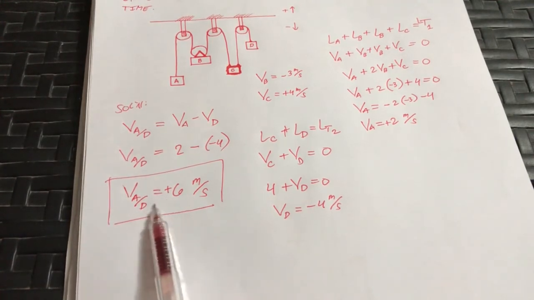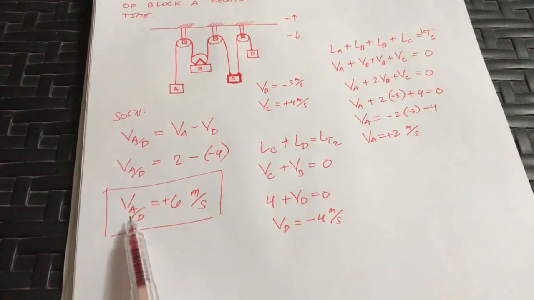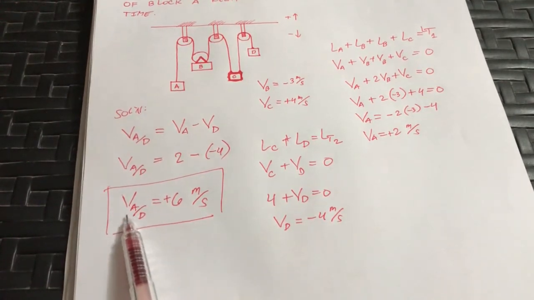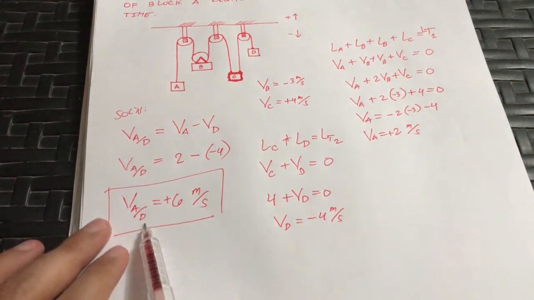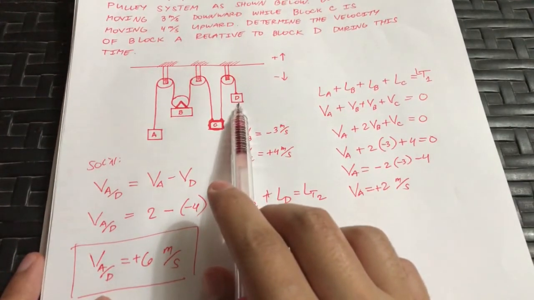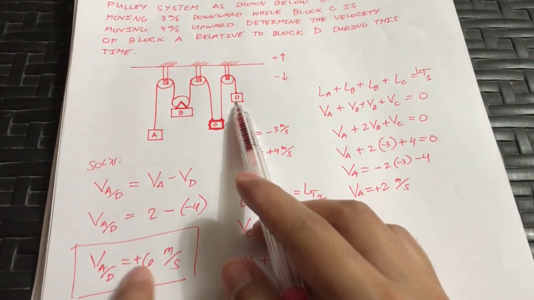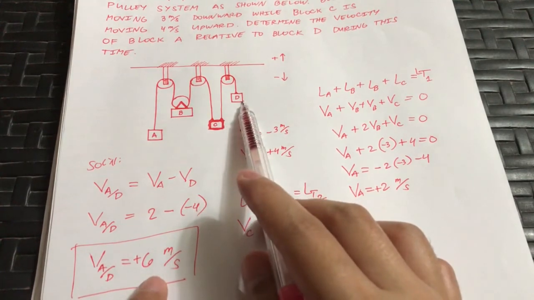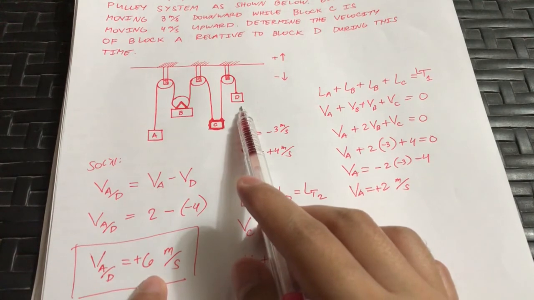What relative motion means is that if you were standing at block D, you would see block A moving in the positive direction at 6 meters per second.